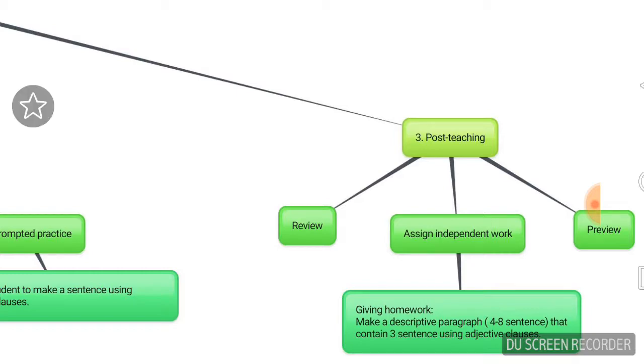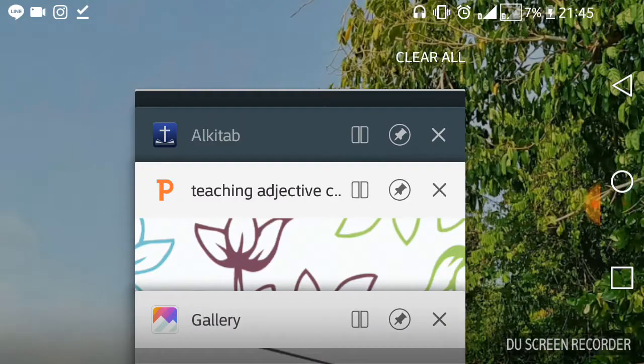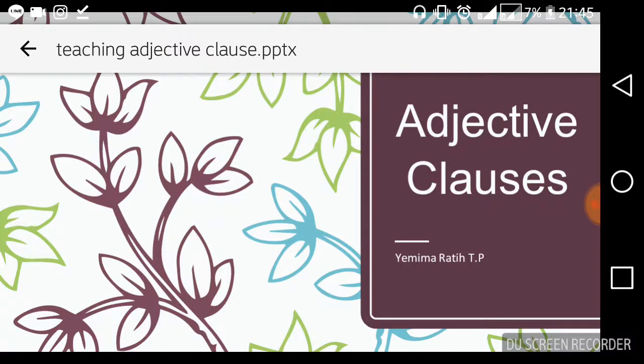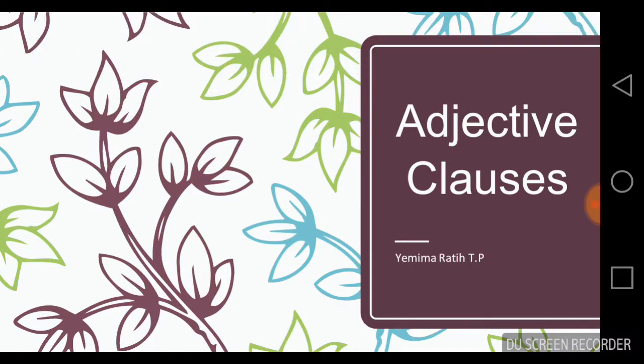So let's go back to our PowerPoint. Adjective clauses. After we read the essay on page 54 about Ismail Marzuki, we find that some sentences have adjective clauses.